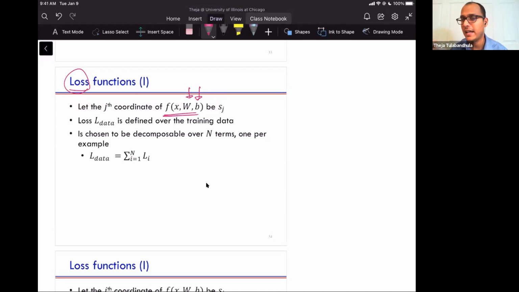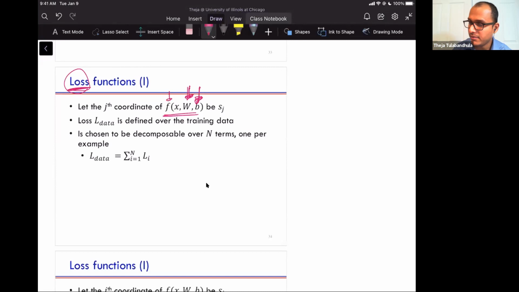quantifies how good any candidate classifier is. Because if I pick a random matrix here and a random vector here, that's also a candidate classifier, but it may be terrible. It may be classifying dogs as cats and cats as foxes, depending on this matrix W and this vector B. So we want to pick which one is the best, and to do that, you need to define some sort of quality measure for each of the classification functions.